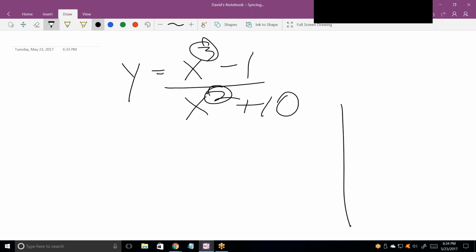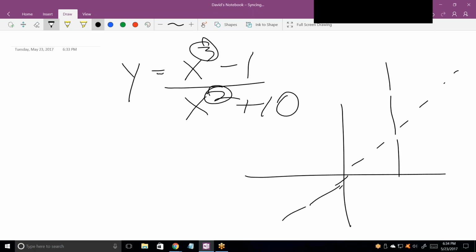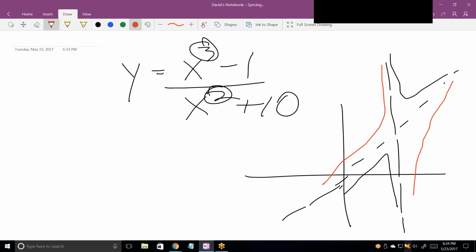So I might have a grid that looks like this with a vertical asymptote right there. And then my function would look something like this. That would be in my 1st and 3rd quadrant. But alternatively, it might equally look like this. Have you dealt with oblique asymptotes?